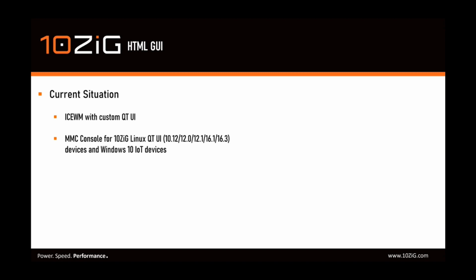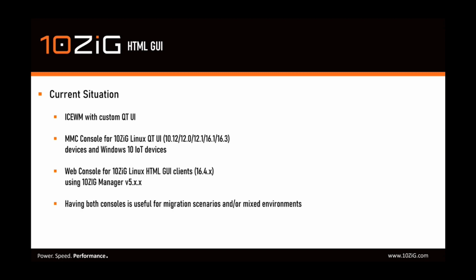So obviously this has been the way we've been doing things for a while, and of course Windows IoT devices. So what we're doing now is we're going to move over, and you're going to interact with the new HTML GUI using the web console. And that firmware version is going to run in the 16.4.x using a manager version 5.0 or 5.x.x.